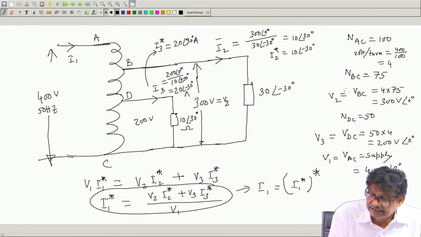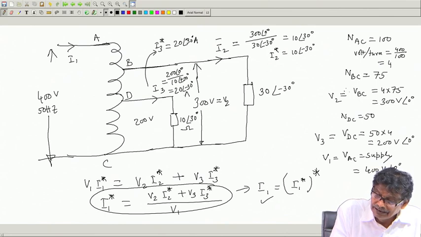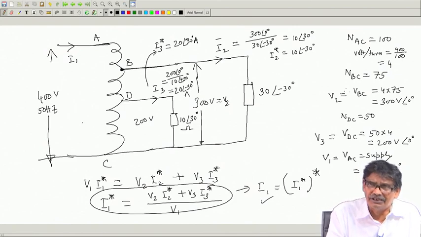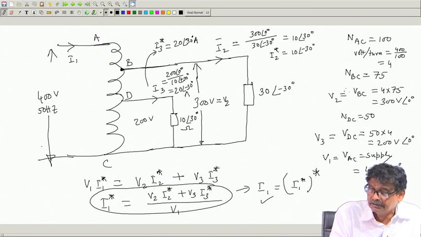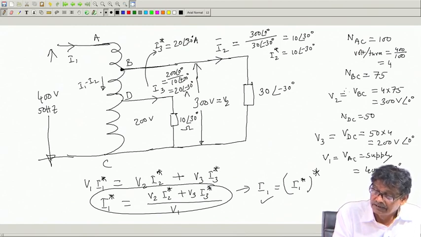And after I get I 1, I 2, all the things, I will go on applying KCL here at B, and also do not forget about this way or that way, it does not matter. So far you are correctly writing the KCL, you can show this current to be I 1 minus I 2, I 1 coming, I 2 going.